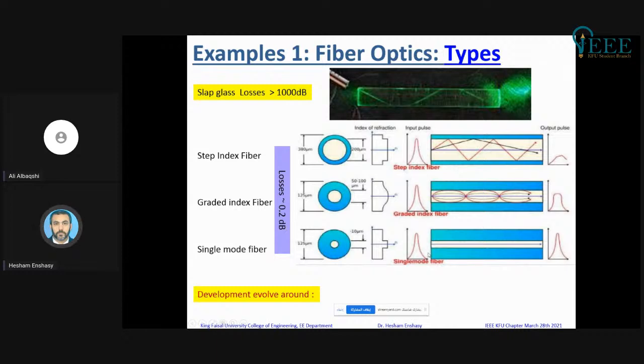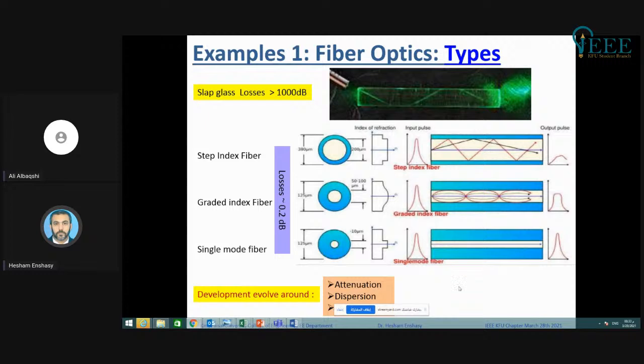However, the development now for optical communication and fiber optics evolves around attenuation, dispersion, and polarization. So these are the main development techniques and issues that people tackle to improve fiber optic communication systems.